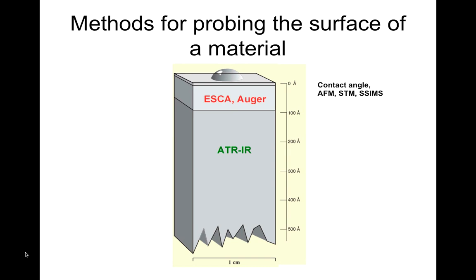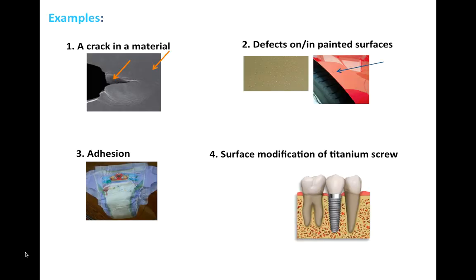You see that ESCA and Auger usually come in the same instrument. And then attenuated total reflectance infrared spectroscopy is also useful to see the surface of a material. I will go into more detail in the next slides.